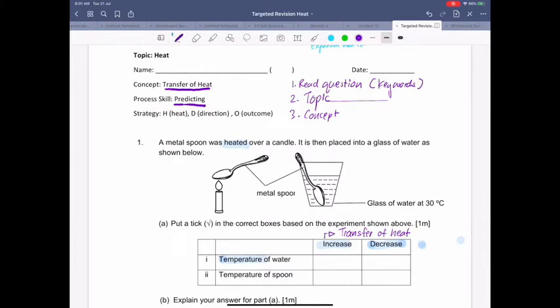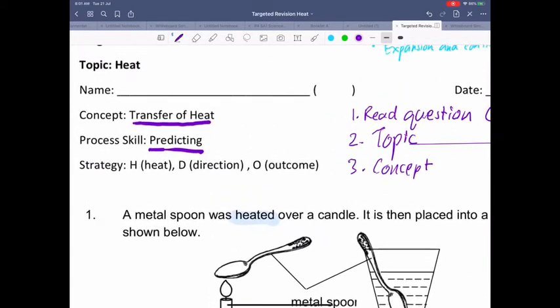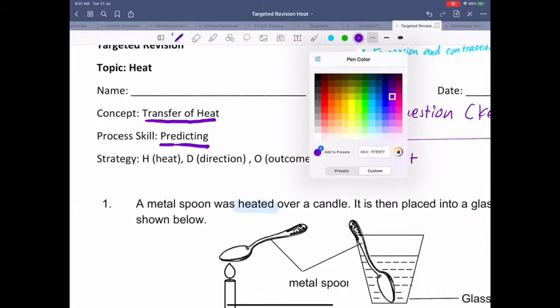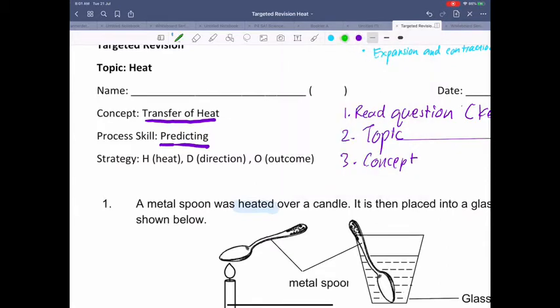Usually when you want to predict something, you need some prior knowledge to help you anticipate what is happening. That's where you draw on your prior knowledge. We know that this is talking about transfer of heat. By identifying my concept, I can now zoom in and think about the key ideas associated with this concept.